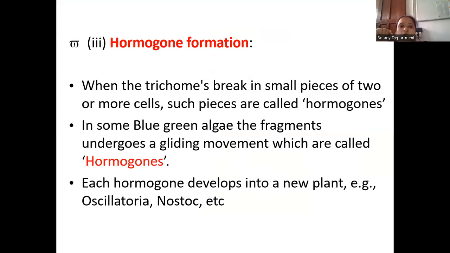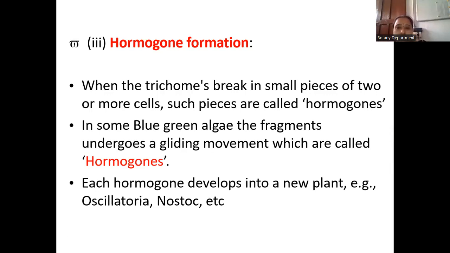In Hormogonia, the trichome breaks into small pieces of many cells, and such pieces are called hormogonia. You can observe hormogonia only in blue-green algae, where the fragments show a gliding movement. Each and every hormogonium develops into a new thallus of the plant body. The best examples are Oscillatoria and Nostoc.